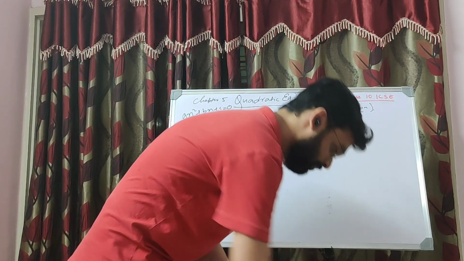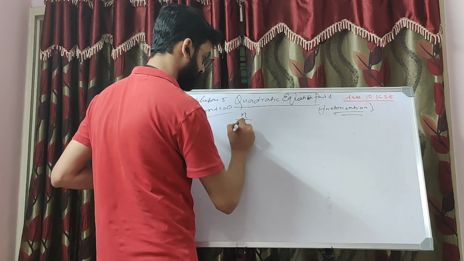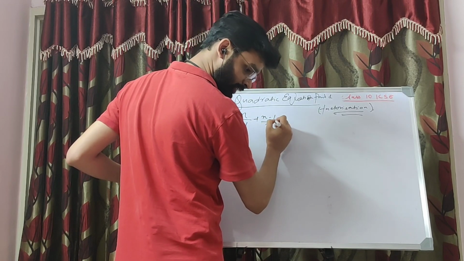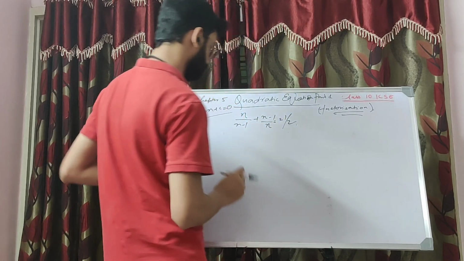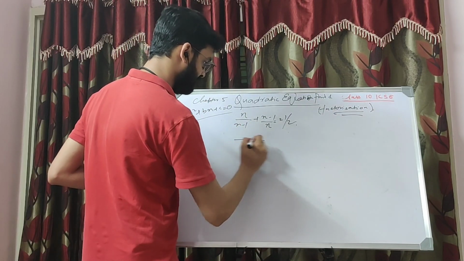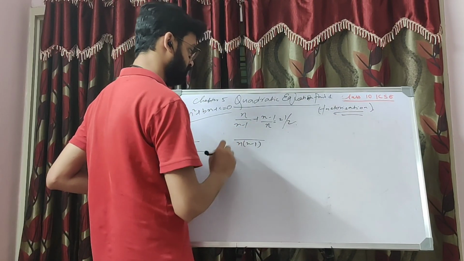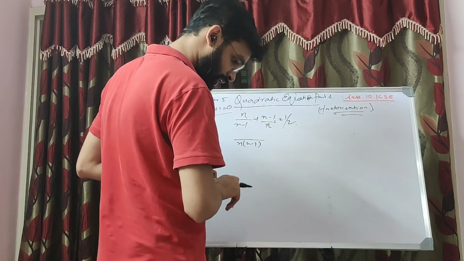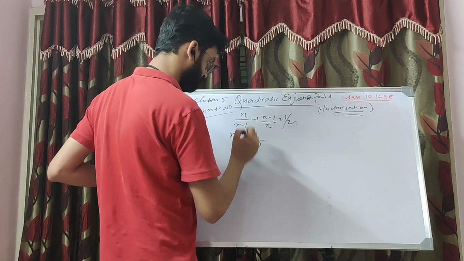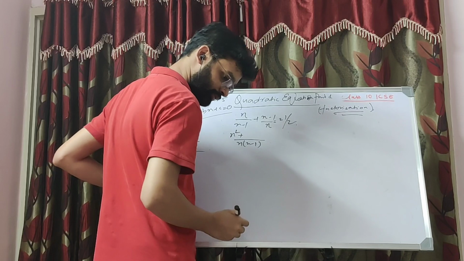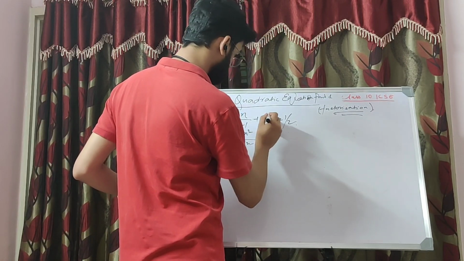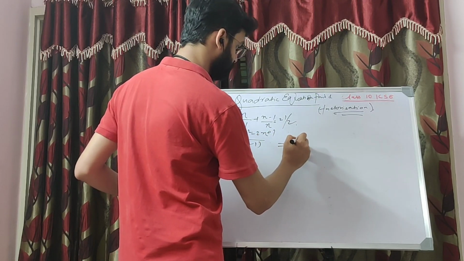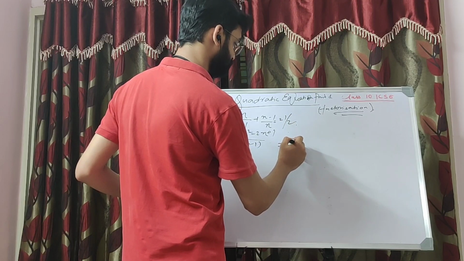So I'll try one more question, that is x minus 1 plus x minus 1 by x is equal to 2 1 by 2. So first thing I will do here is take an LCM, that is x into x minus 1. So my value here will be x square plus x square minus 2x plus 1, that is equal to 2 1 by 2, that is 5 by 2.